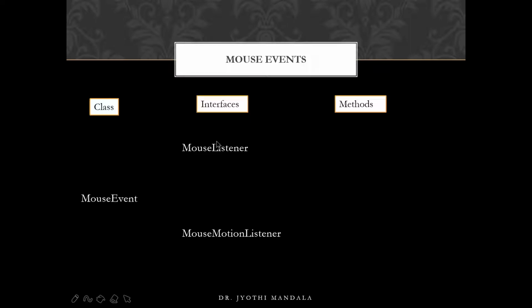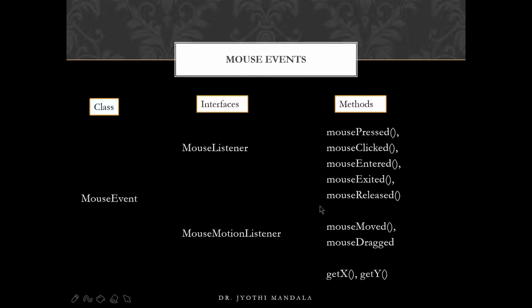We are confining ourselves to a class called MouseEvent, and we have two interfaces called MouseListener and MouseMotionListener, and these are all the methods available in these interfaces. In the MouseListener interface, we have 5 methods. All are abstract methods, which means they are only declared in that interface.